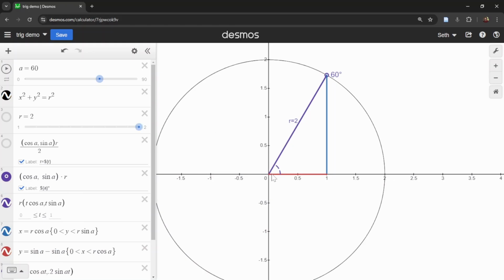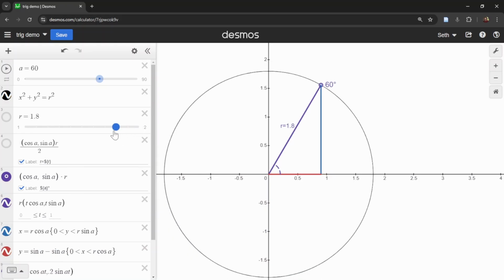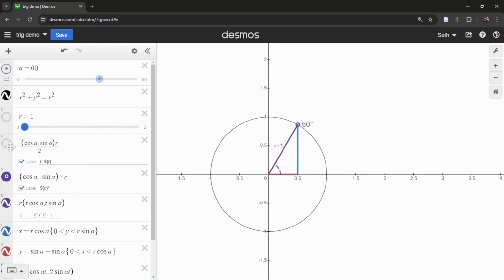Notice the radius here, this hypotenuse, is 2. So if we're going to scale it down to fit inside a unit circle, we have to divide the dimensions by 2. And so now it becomes 1, because a unit circle is defined as having a radius of 1. That means once we find what this line segment is, to get back to the original dimensions, we have to multiply it by 2.